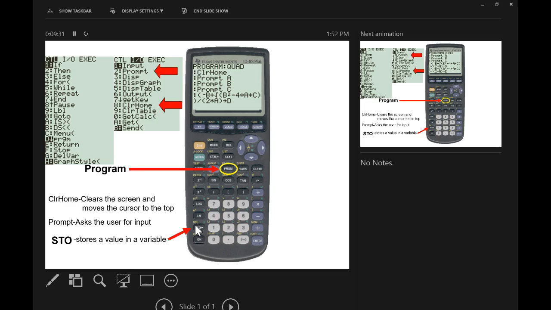The arrow key is the STO button here at the bottom, above the ON button. That is a D. The letter D is at the end. The arrow is the STO button above the ON.